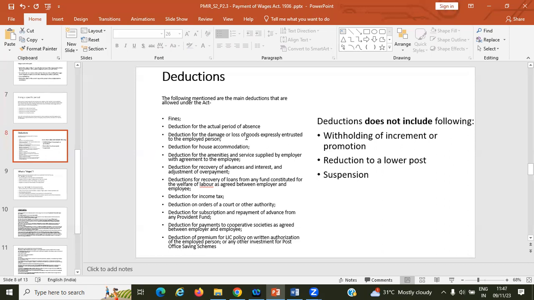Suppose you're working in an environment, you lost something, you spoiled, or you damaged, you broke something. So the company deducts. Deduction for amenities, service supply. Suppose you are damaging something, the company has decided to deduct something from your salary.